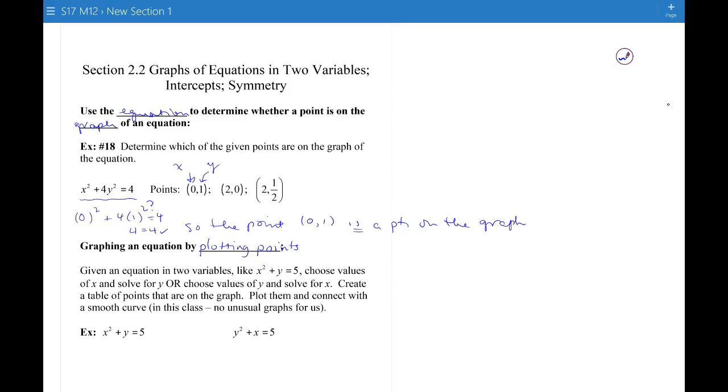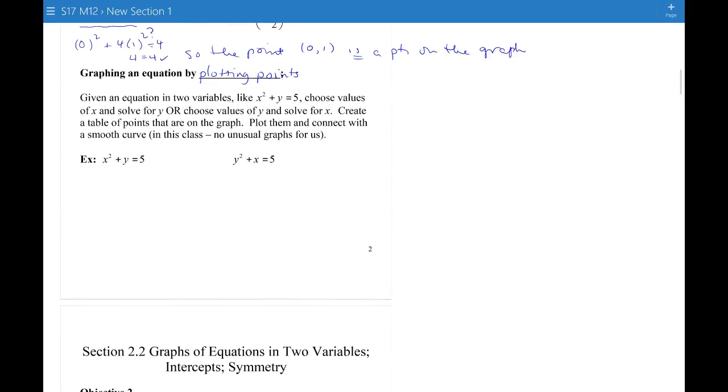So you can either choose values of x and solve for y, or you can choose values of y and solve for x. Typically, we choose values of x and solve for y because x is what's called the independent variable. And usually it's the one that is changing, and then the y is depending on the x. And so that's why we set it up that way.